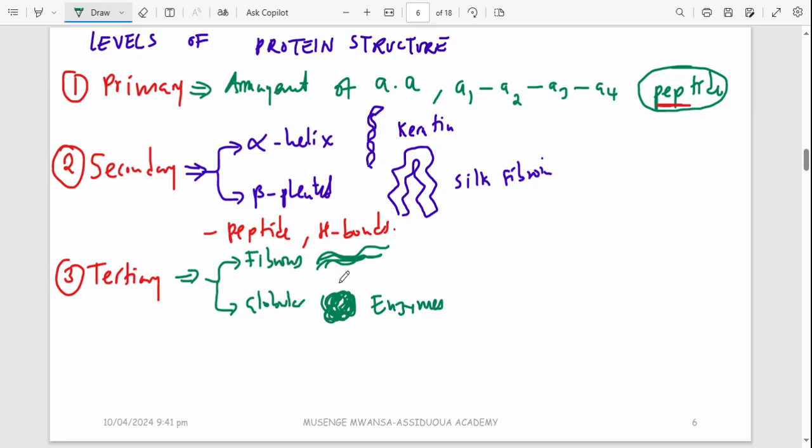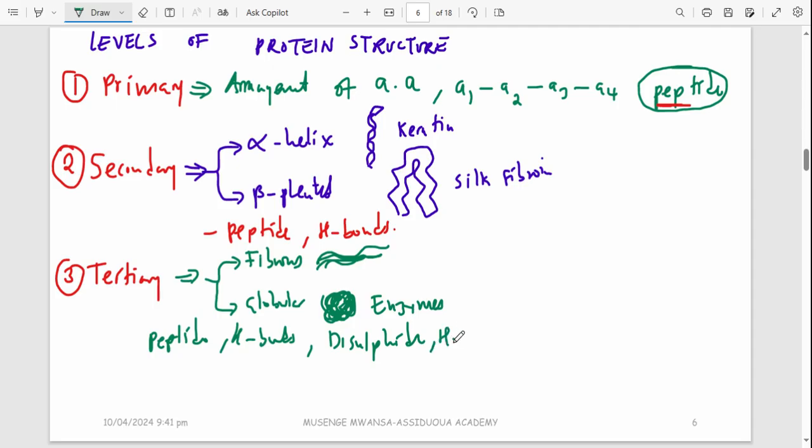Now, there are a lot of bonds that hold again the tertiary structure. Because tertiary structure is made up of secondary structures, it should have peptide bonds, it should have hydrogen bonds. Besides this, in tertiary structures, we also have what we call disulfide bonds. These are bonds between sulfur atoms, like for example cysteine.